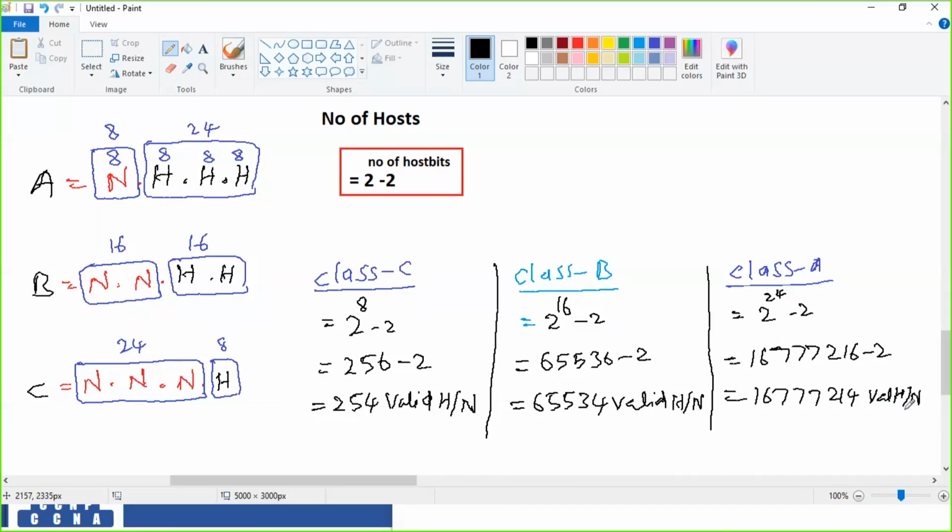So finally, we have a complete idea about how many networks there are in class A, class B, and class C, and similarly how many hosts are available and how many usable hosts are available in each class. Clear? Any doubts?